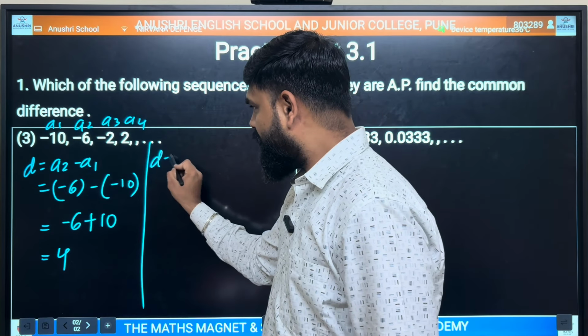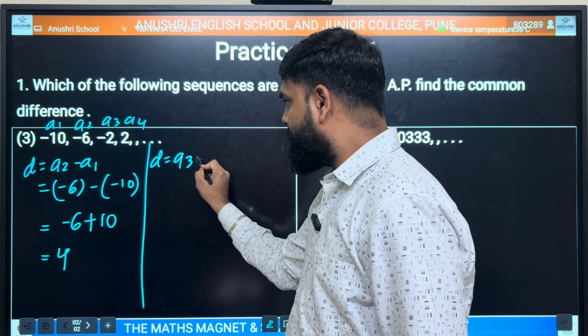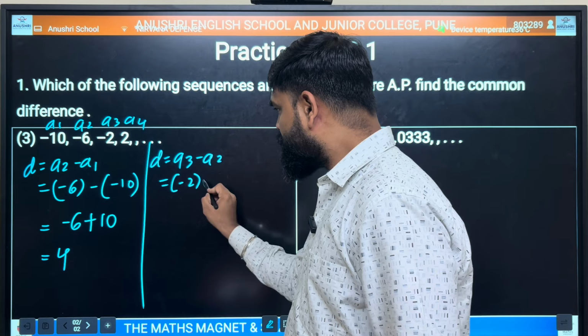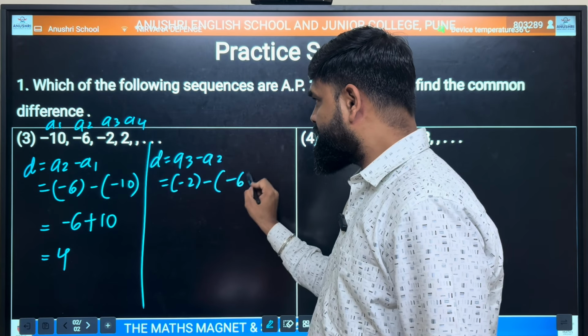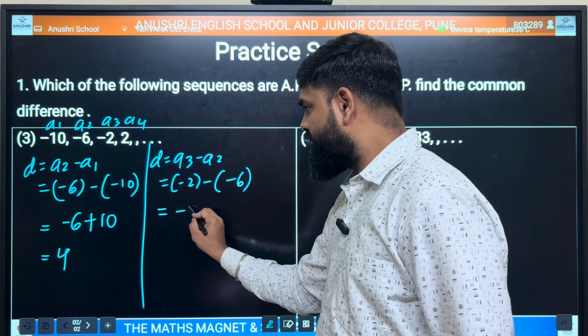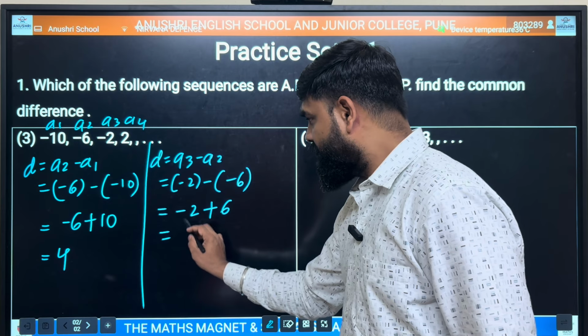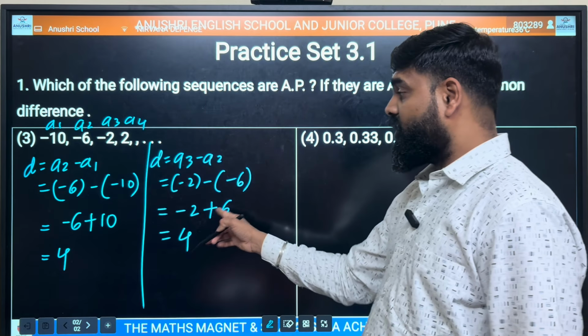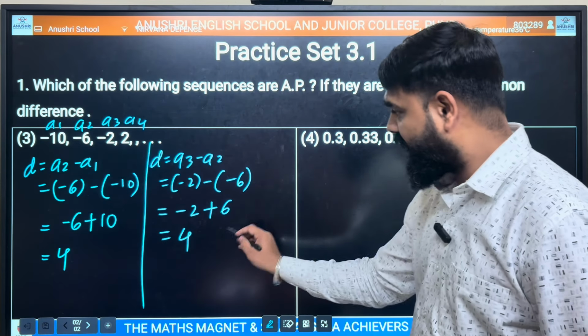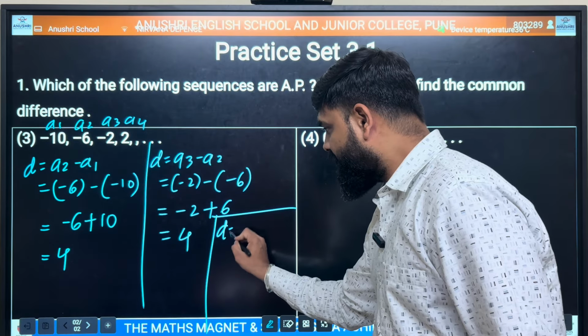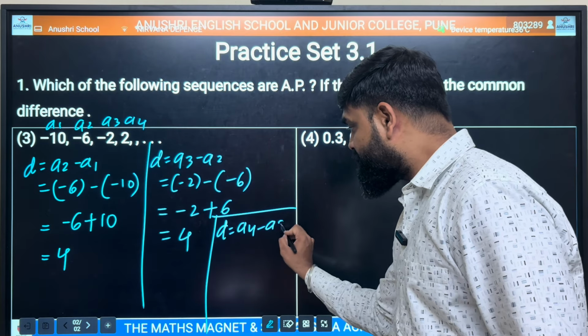So here we get positive 4. Now let us solve again. A3 minus A2 will be minus 2 minus 6. So in this case we get 4 again, minus 2 plus 6. For the last step we have A4 minus A3.